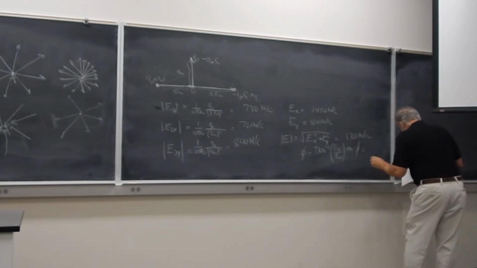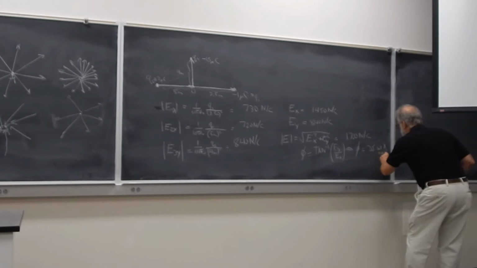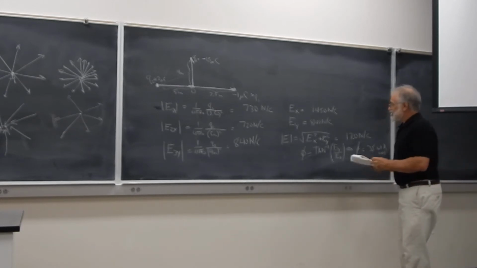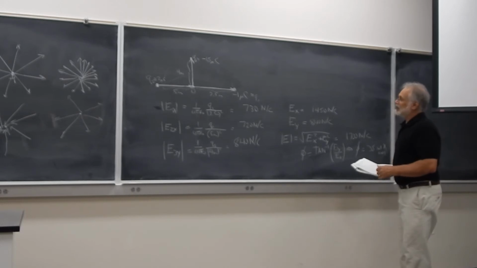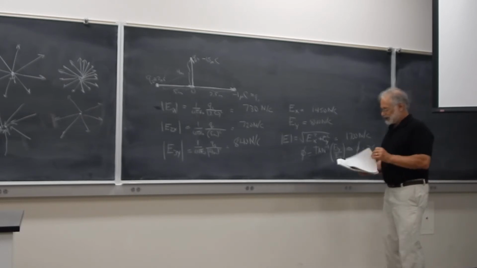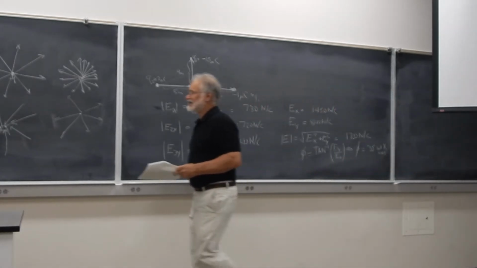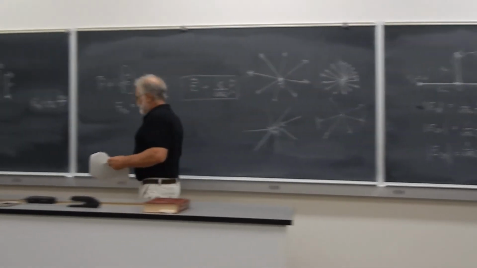Arctan of that gives me 30 degrees with respect to the x-axis. Generally, we always do it with respect to the x-axis. So that's how I would calculate the electric field due to 3 point charges. We've got a couple of interesting special cases of electric fields.